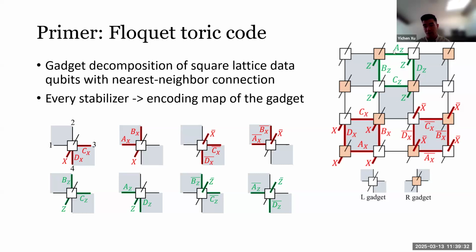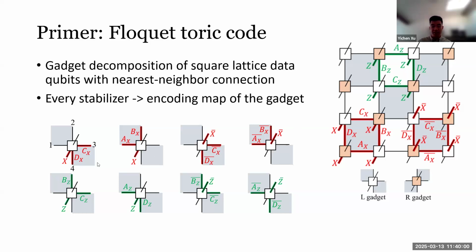It needs to be mapped to these four bond operators, which we also call A, B, C, D with a subscript Z. Similarly for outgoing X and outgoing Z, you will have these bond operators, which we mark as A bar to D bar. Since every data qubit here participates in 4 incoming X and Z stabilizers and 4 outgoing X and Z stabilizers, we have these 8 conditions.